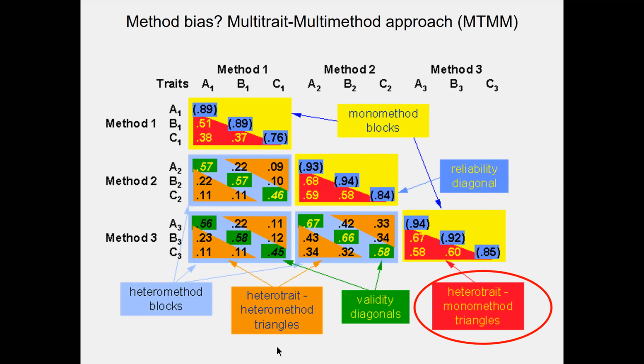Let me get my handy annotation so that I can examine one at a time. Let's look at a particularly high one. Let's look at this 0.67 here, which is as high or higher than any validity diagonal. So what does this mean? This means that here I am, measuring two different traits by asking the spouse, method 3.